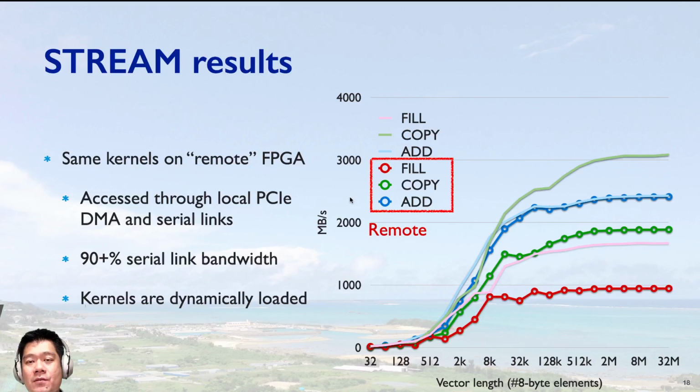So this figure shows that the use of the remote FPGA reaches about 90% of their peak bandwidth.